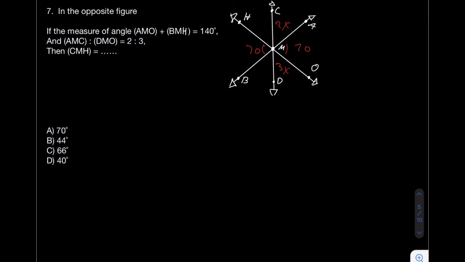Also, this whole angle is 180, right? Because it's a straight line. So if we can find this angle, we can find this, because we'll just take it away from 180, or add it to 70 and subtract from 180, and we'll find it. So keeping that in mind, what we're going to do is move this 2x over here, because these two are equal, right?